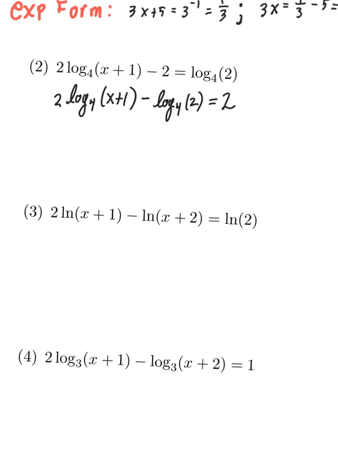So the stuff on the left-hand side is now an expression that just has a bunch of log base 4s with some numbers in them and combined together algebraically. Maybe the first thing I'll do is say, well, that's a multiple of a log, so I can take that 2 and move it into the exponent. That'll give me the log base 4 of x plus 1 squared, maybe just for the sake of being explicit. Those two 2's that are indicated in red are the same 2, minus the log base 4 of 2 equals 2.